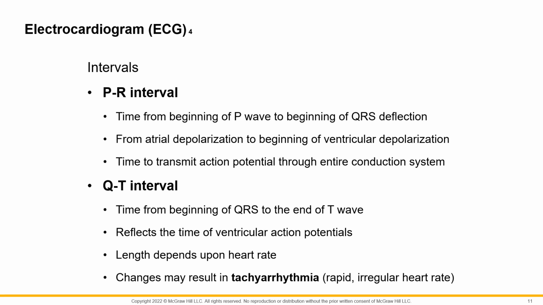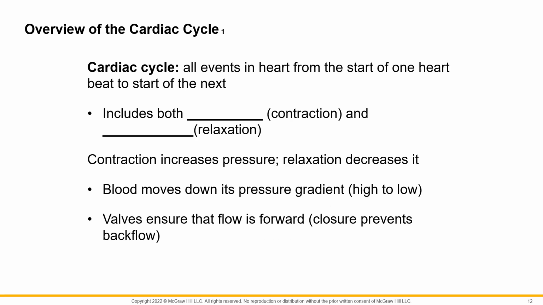So this slide talks about what those plateaus or intervals are and what their significance is. So the QT interval is basically the time from the beginning of the QRS complex to the end of that T wave. So the next video I do will explain the entirety of the cardiac cycle.